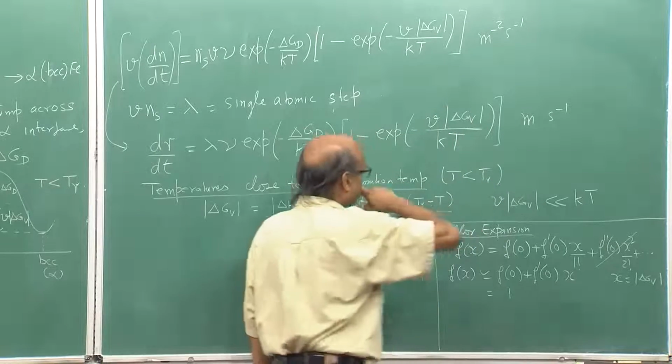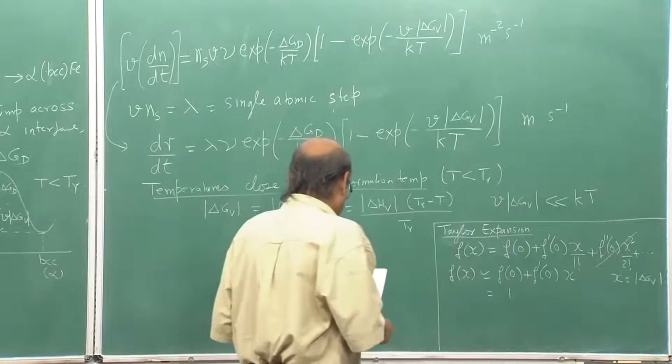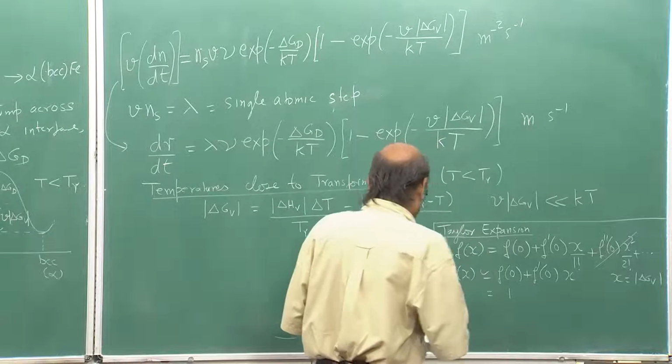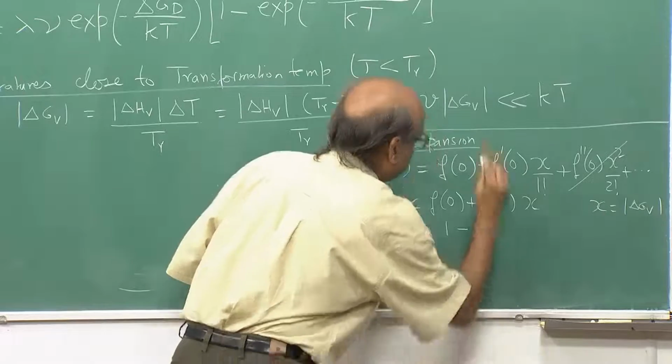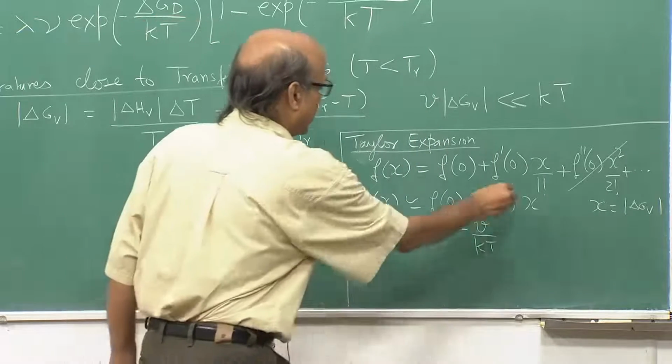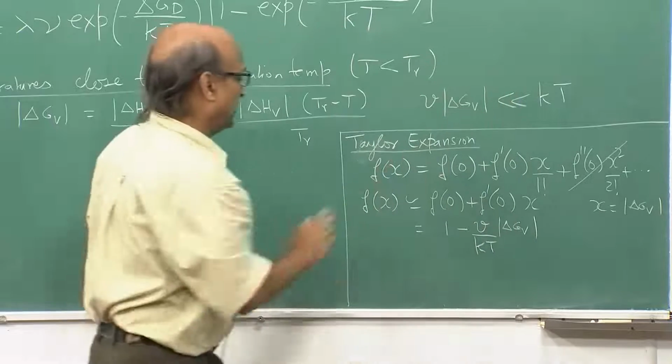Differentiate this, find the derivative at 0, and the derivative is going to be minus v upon kT multiplied by x, and that is delta GV.